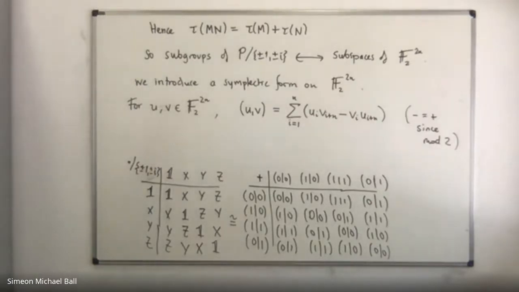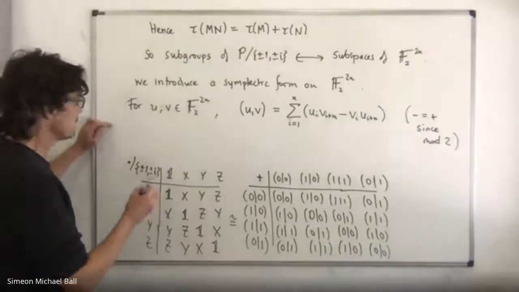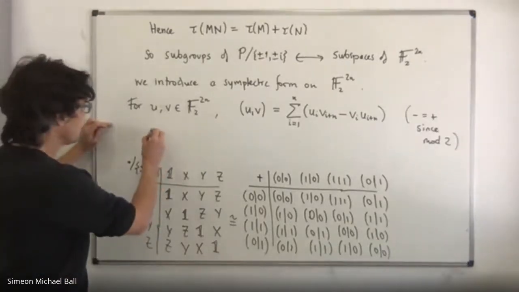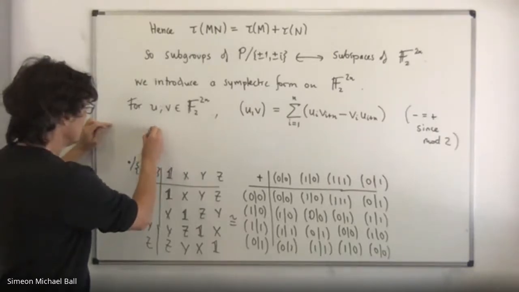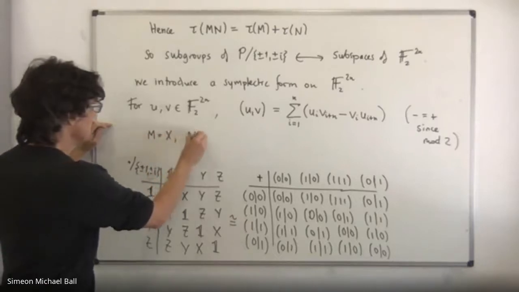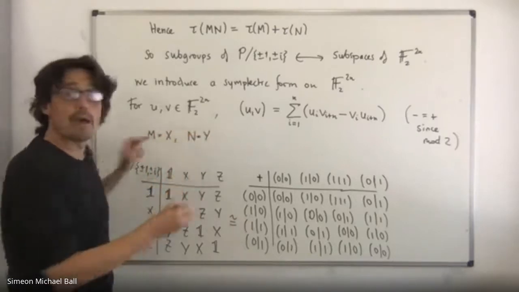Now let's just take some Paulis here. Let's take m equal to x and n equal to y, and map them under tau.